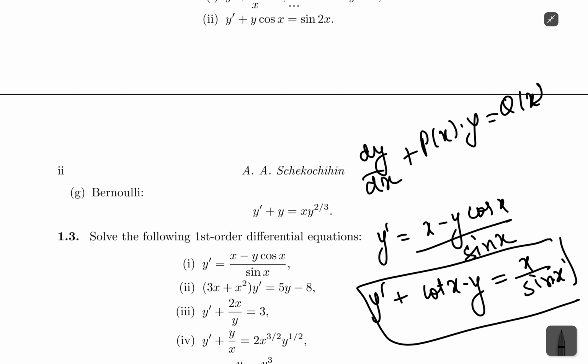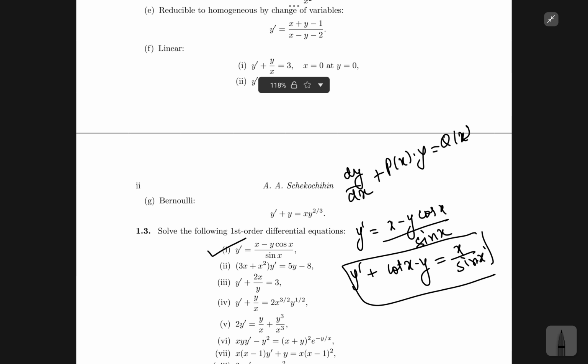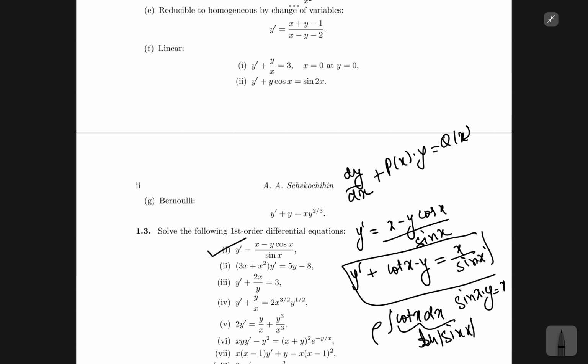Obviously you need to calculate e power integral of cot x as well. This should be ln mod sin x, right? So sin x times y is the integral of x dx.